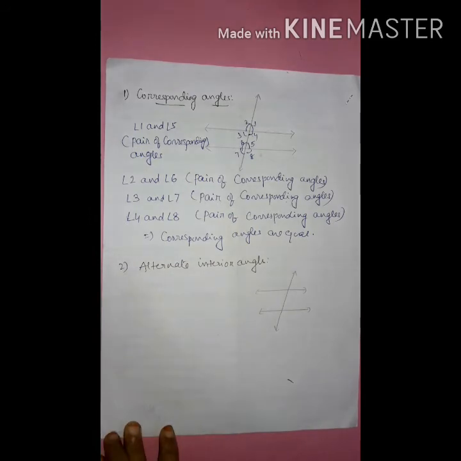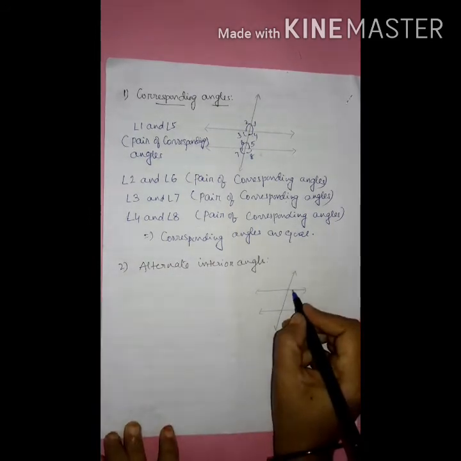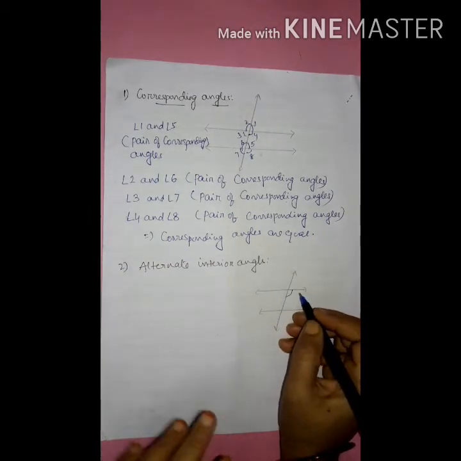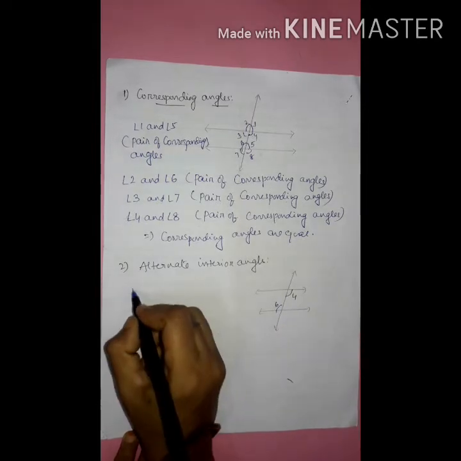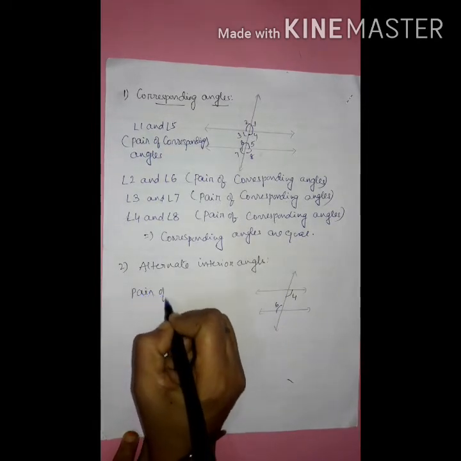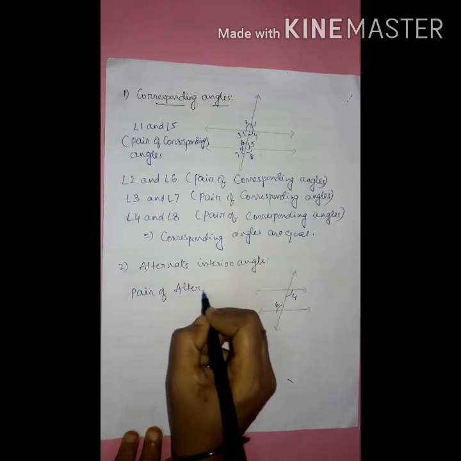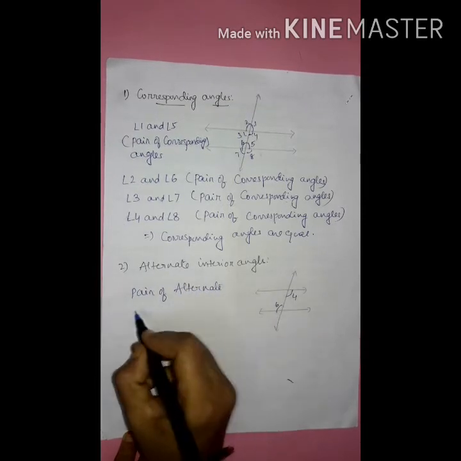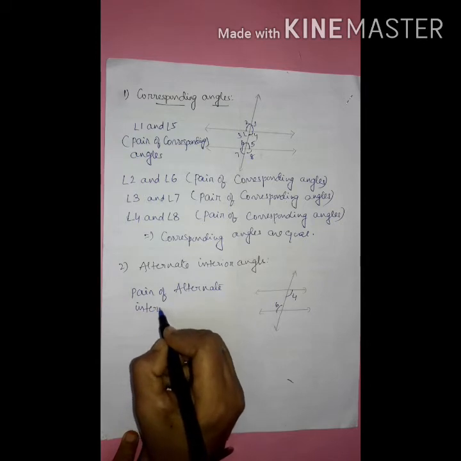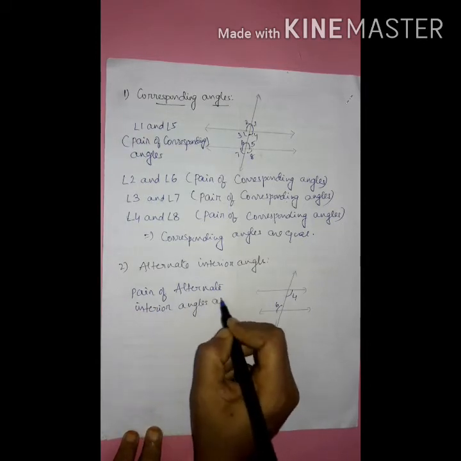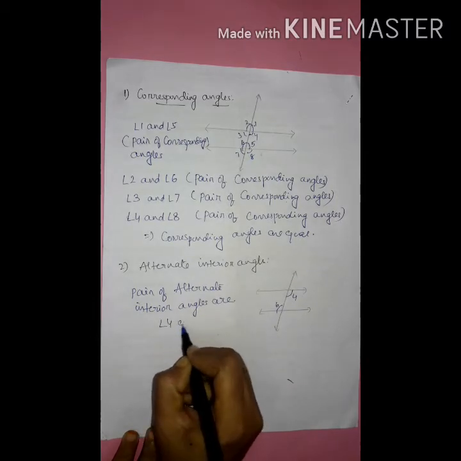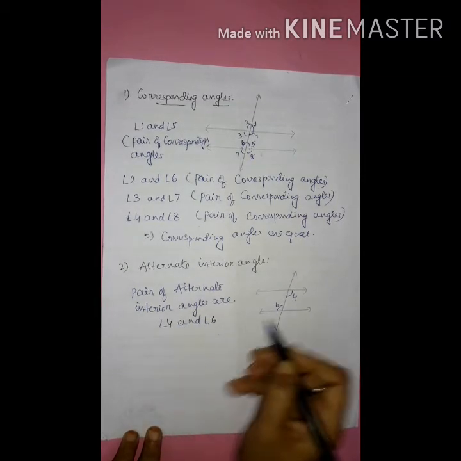That is called the alternate interior angles. Alternate means opposite sides. This angle 4 is alternate interior to angle 6. A pair of alternate interior angles are angle 4 and angle 6.